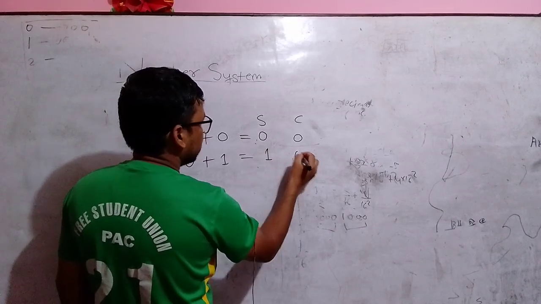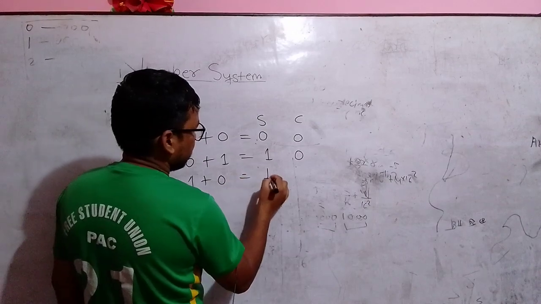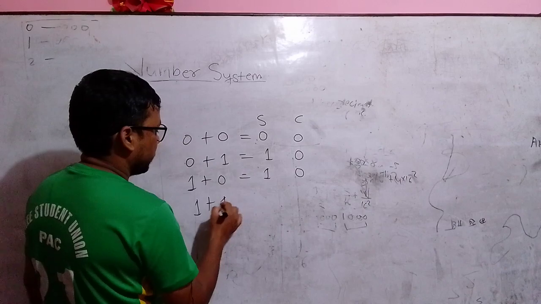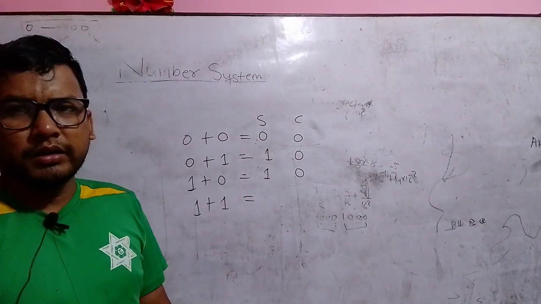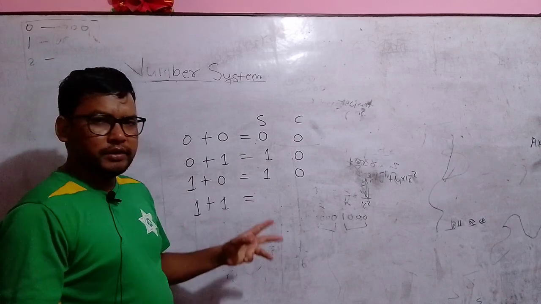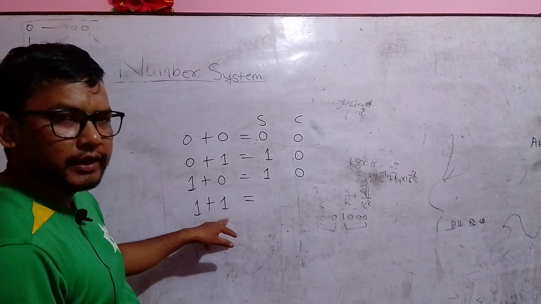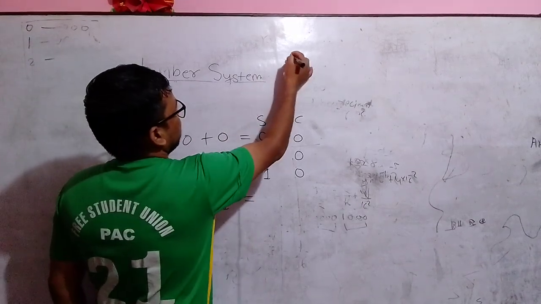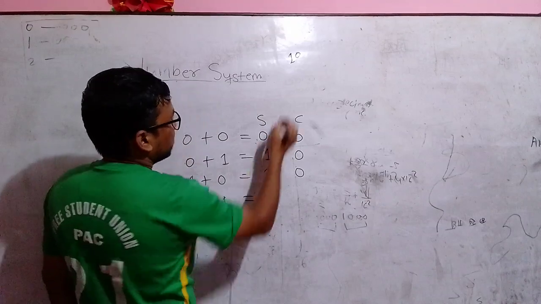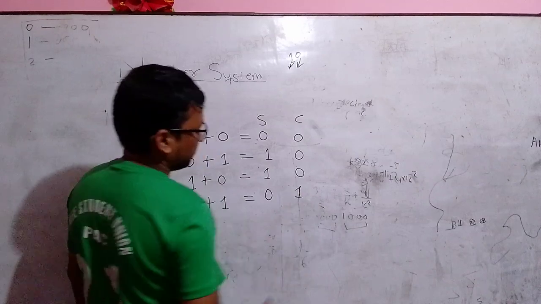And its carry becomes 0. 1 plus 0: its sum becomes 1, no carry. 1 plus 1. This would not give the result 2. 2 would be the result in the case of decimal addition. But 1 plus 1 gives 1 0 in binary additions. That means the summation is 0, carry is 1.